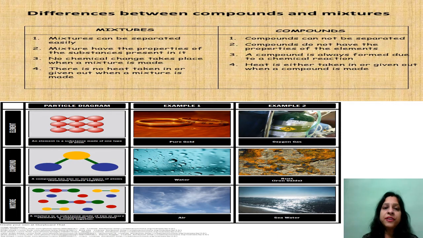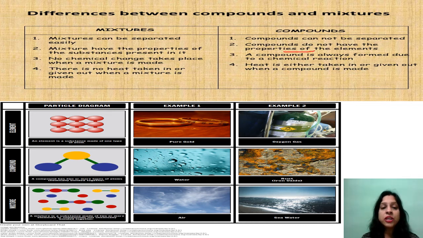So, what is the difference between mixture and compound? So, mixtures can be separated easily, whereas compounds cannot be separated. Mixtures have the properties of the substances present in them, whereas compounds do not have the properties of the elements.